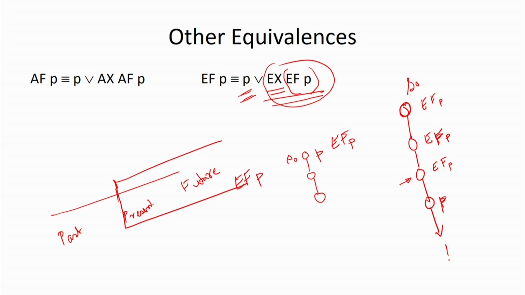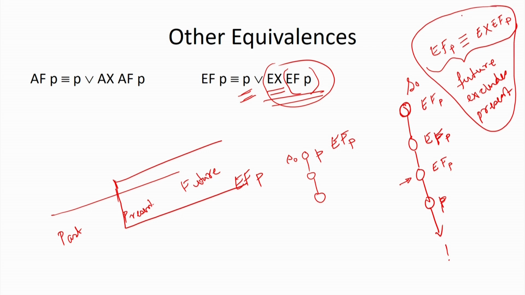But if future excludes the present behavior, then what will happen? We can say that in that particular case E f P will be equivalent to E x E f P. When we say these two are equivalent, it is because in our semantics we say that future excludes present, then we may get such type of equivalence.